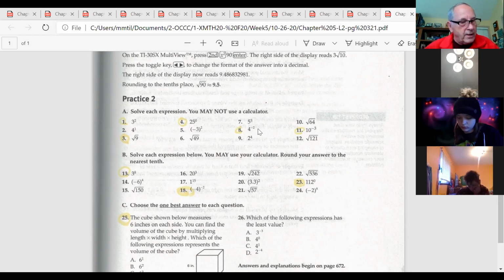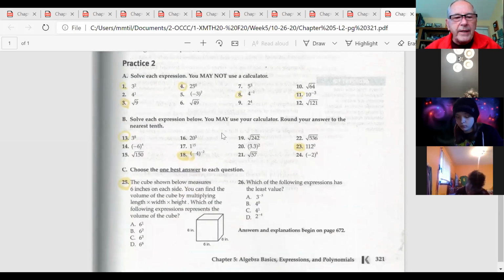What you did, you said, well, that's equal to 1 over 4 squared. And so that's equal to 1 over 4 times 4, which is 1 over 16. Perfect. Okay, let's do one more. Number 10, who wants to answer that one? The square root of 64. Wouldn't that be 8? That would be 8, yeah. So I think you all understand these, right?